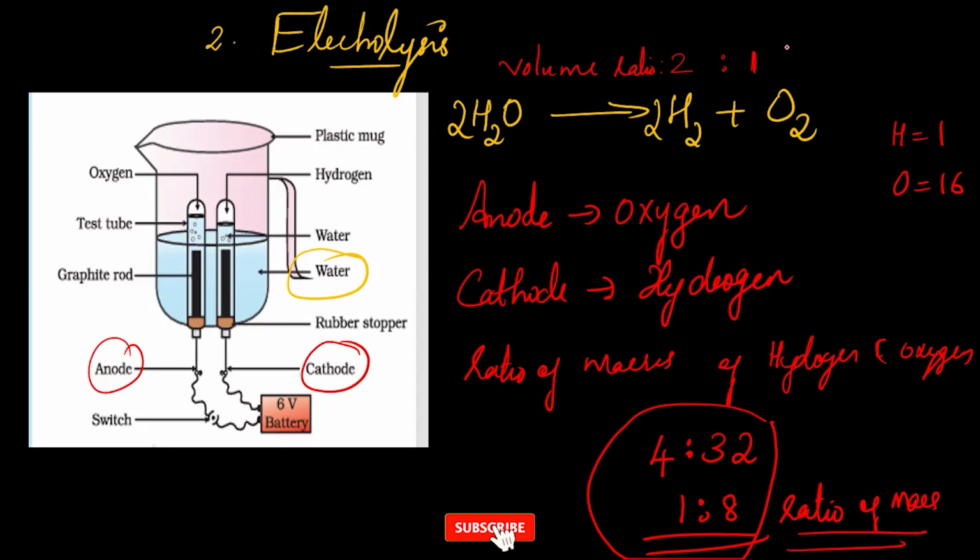If you are asked oxygen to hydrogen, you have to interchange the ratios, otherwise you will go wrong. Everything will be in the options, 1:2, 2:1, like that. This is what you have to keep in mind about electrolysis of water.